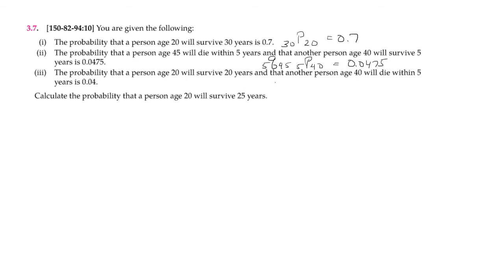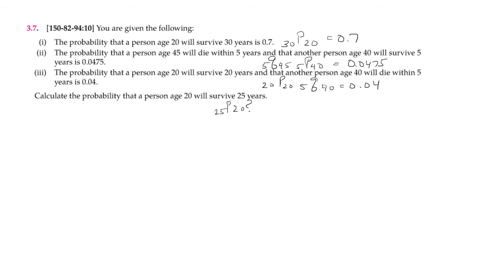Probability that a person age 20 will survive 20 years. That's 20p20. Then another person age 40 will die within 5 years, so it's 5q40 is 0.04. We want to calculate the probability that a person age 20 will survive 25 years. So that's what we need to find.